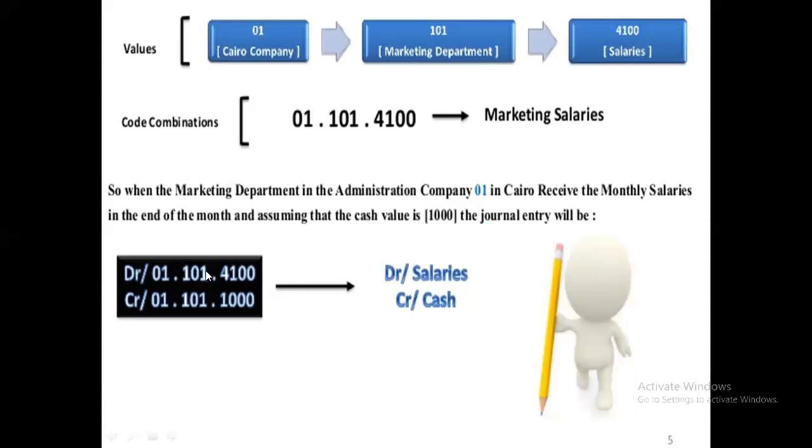Under Cairo company, department marketing, 4,100 is salary debit, then credit company marketing department 1,000, suppose they are assigning a code for cash, it will come as cash. You understand? Clear or not? Yes, sir.